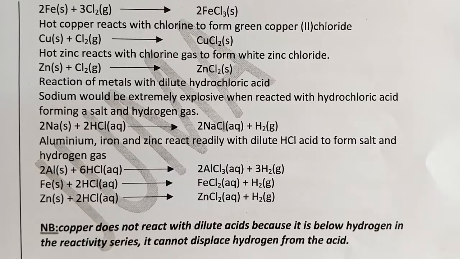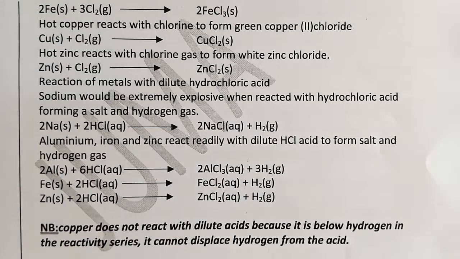Then also in lesson 7, we noted that copper does not react with dilute acid. The reason is because it is below hydrogen in the reactivity series, hence it cannot displace hydrogen from the dilute acids. And that will mark the properties of chlorine reacting with metals.